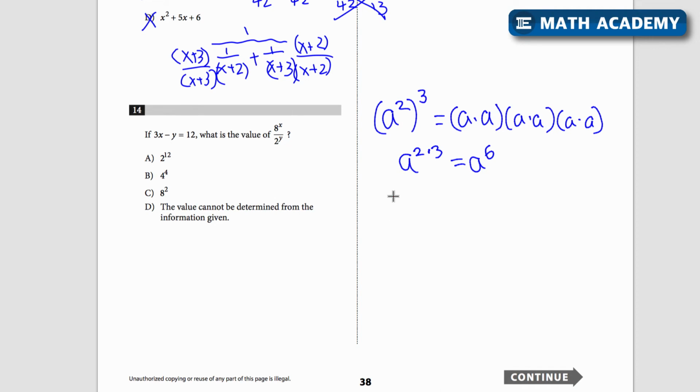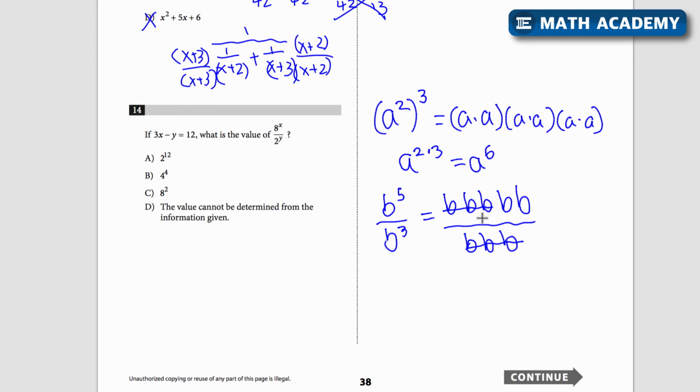And then another rule that would be good to understand is if we have a division, let's say we have b to the 5th over b to the 3rd, how can we simplify this? B to the 5th, I could write out as b times b times b times b times b over, I'm going to have 3 b's being multiplied by each other in the bottom. And the 3 on the top will cancel out here.